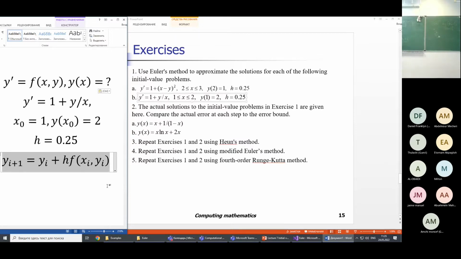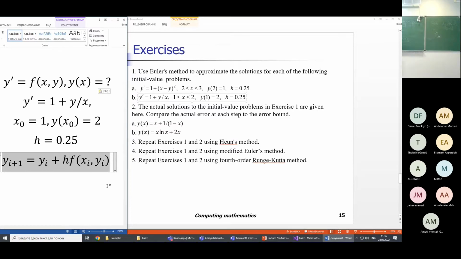What is f of x0, y0? In general, what is f of x, y, without a concrete point?